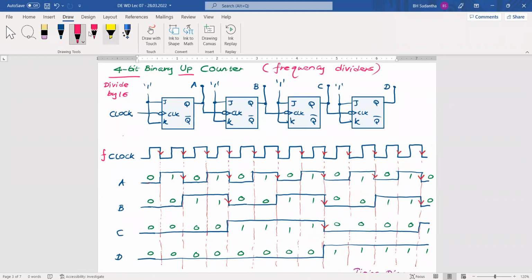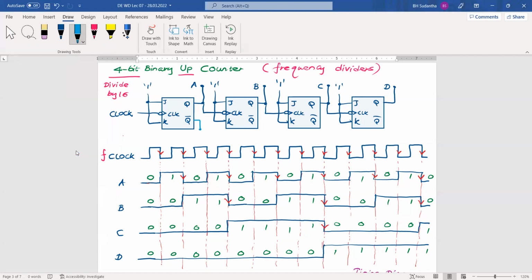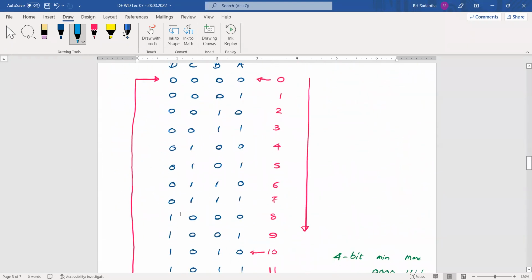But what about this one? What if you take the output from the Q bar? This is A bar. This is B bar. This is C bar. And this is D bar. Look at the values.